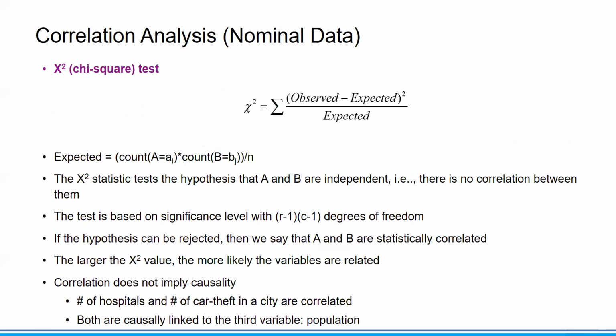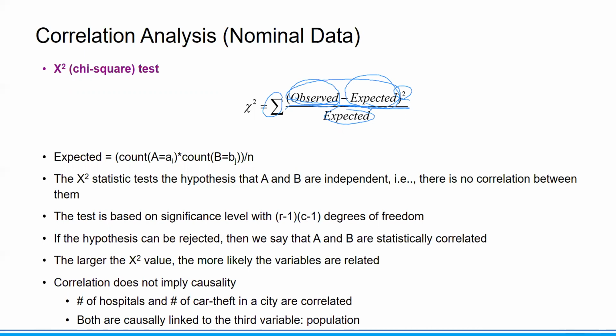If you know statistics, the chi-square analysis is the most common way to measure the correlation analysis of nominal data. So the idea is we want to see the observed data minus the expected value, square it, and divide by the expected value for the summation.